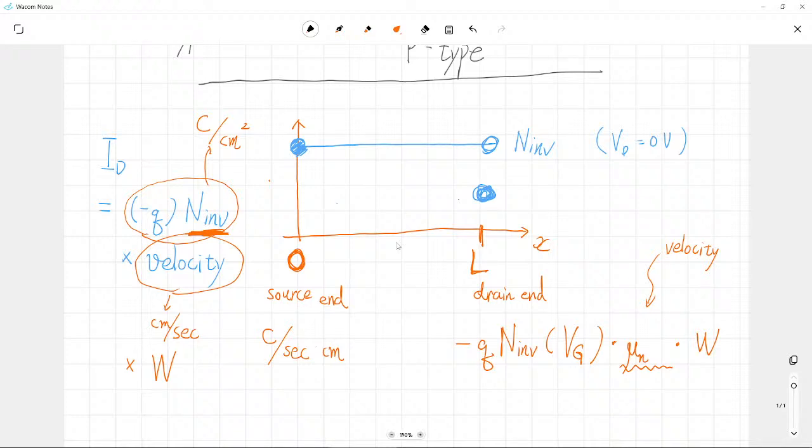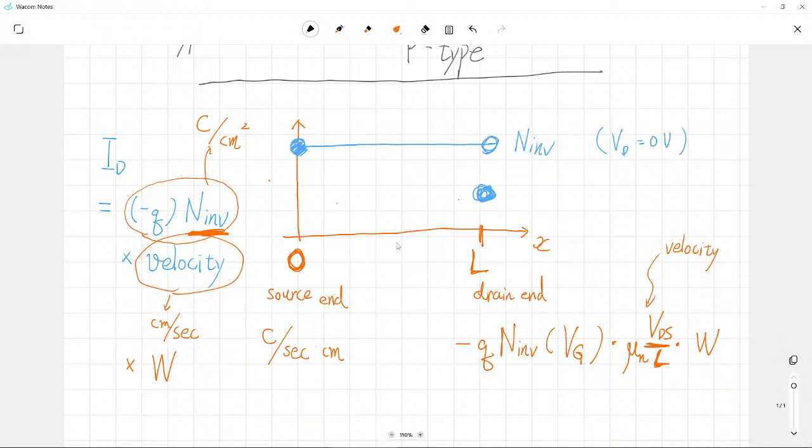Then this electric field can be written as Vds divided by our channel length L. Are you with me?